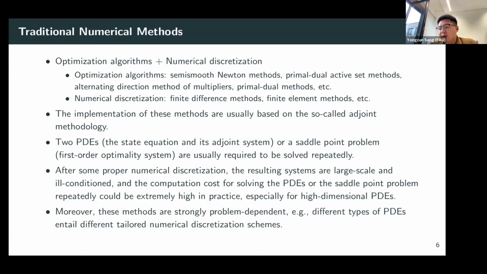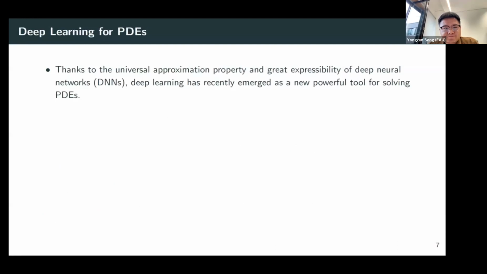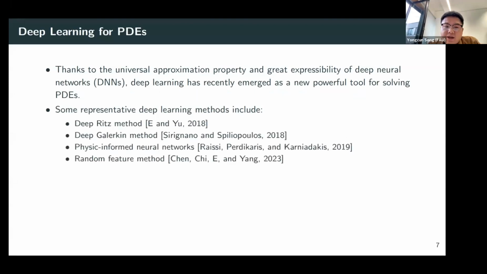Okay, so these traditional numerical methods have these numerical issues, and to avoid this, we consider some deep learning methods. Recently deep learning has emerged as a new powerful tool for solving PDEs, and there are some representative deep learning methods. They include the Deep Ritz method and Deep Galerkin method, physics-informed neural networks, and the random feature method.